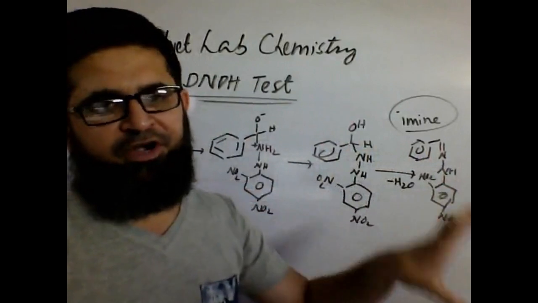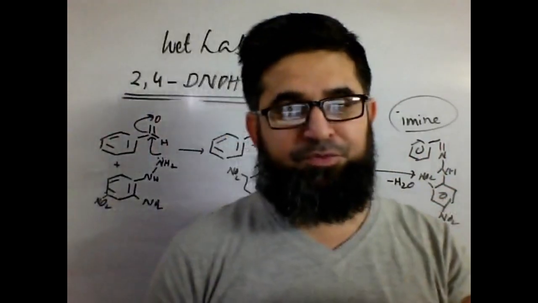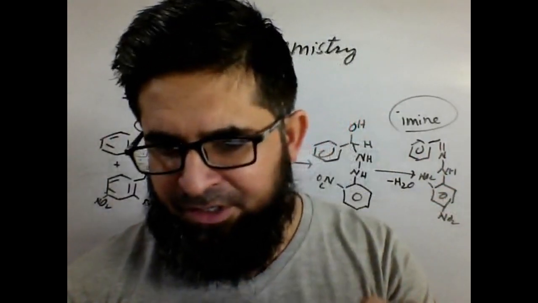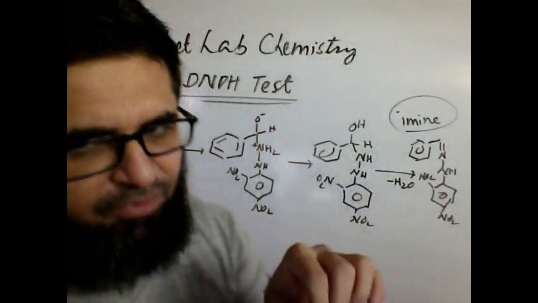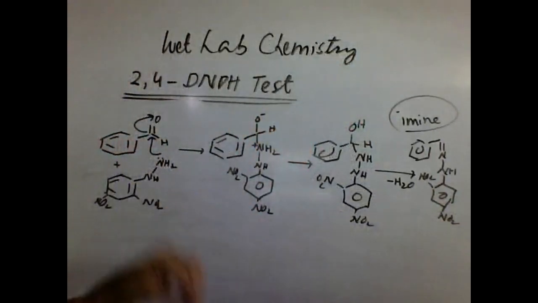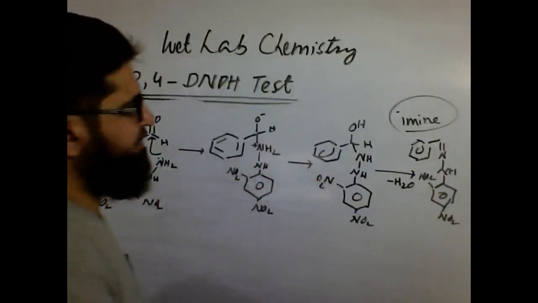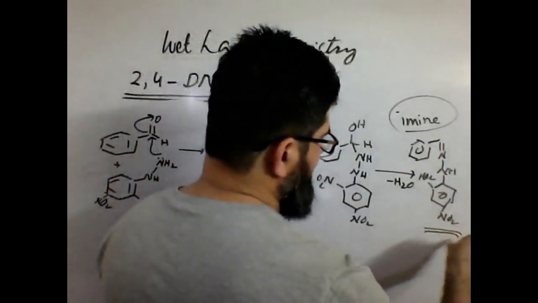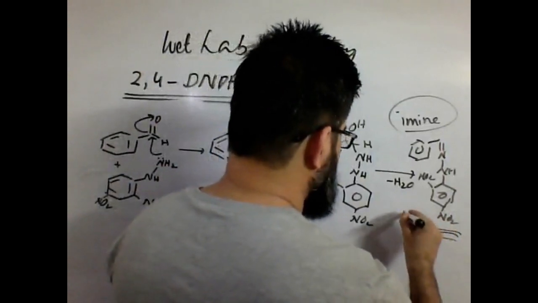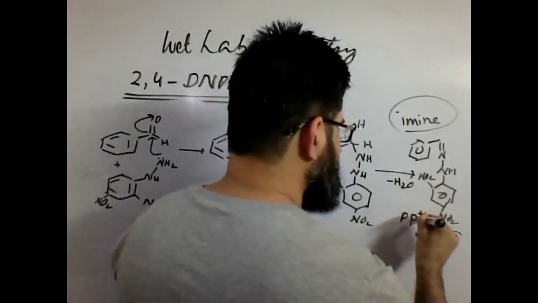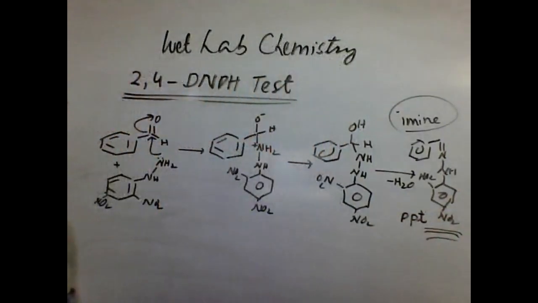This product will form inside the test tube, and it will appear in the form of precipitates. So you will find this imine in the form of precipitates at the bottom of the test tube. This is how it happens.